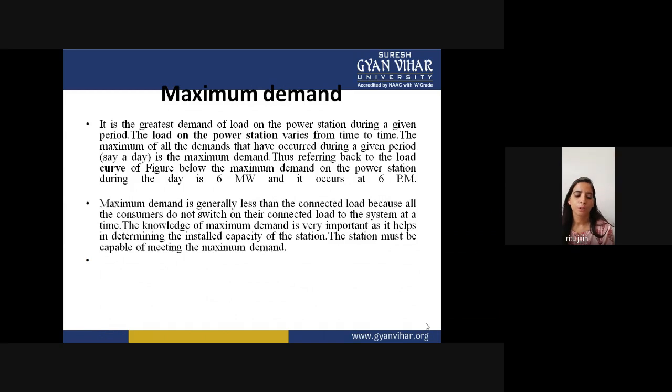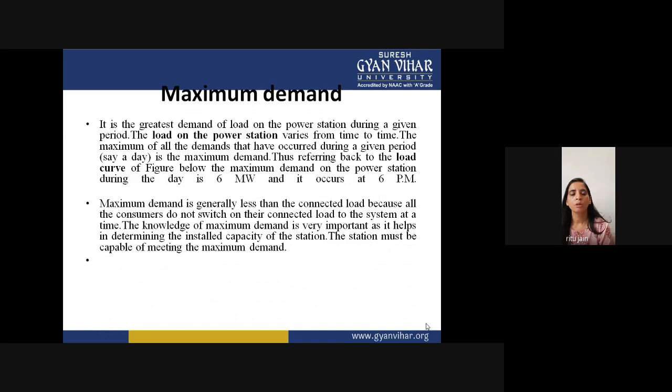Okay? Suppose in your house you have 10 electrical appliances, like you have 5 fans and 5 bulbs, one refrigerator, one cooler, and one AC. But at a time you are not using all these appliances simultaneously.